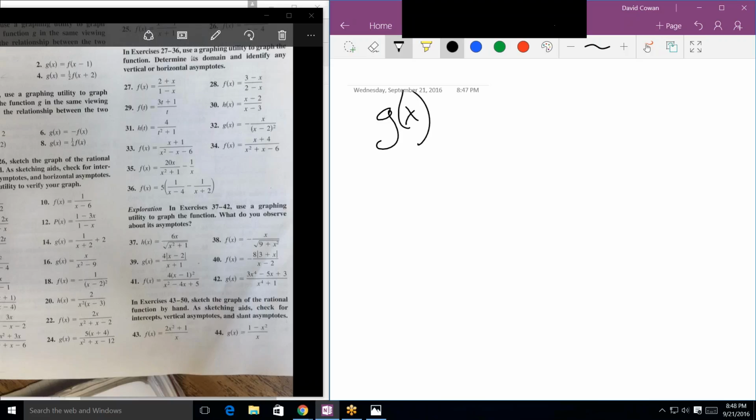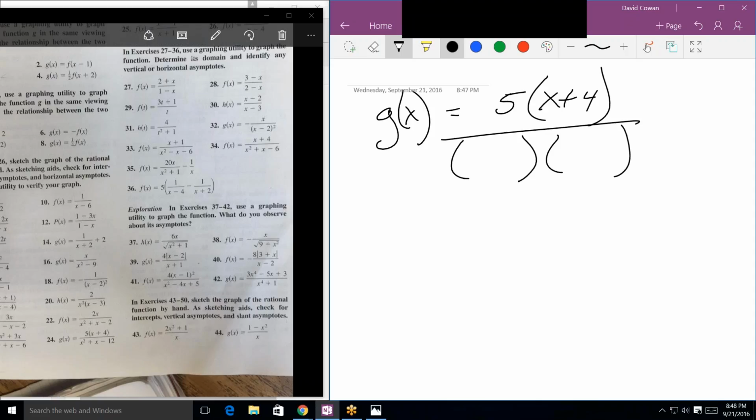24 says 5 times x plus 4, and that's factored. I'm not going to distribute that yet. I may not want to distribute that, but I can tell the bottom needs factoring. What does the bottom factor into? x minus 3, x plus 4.